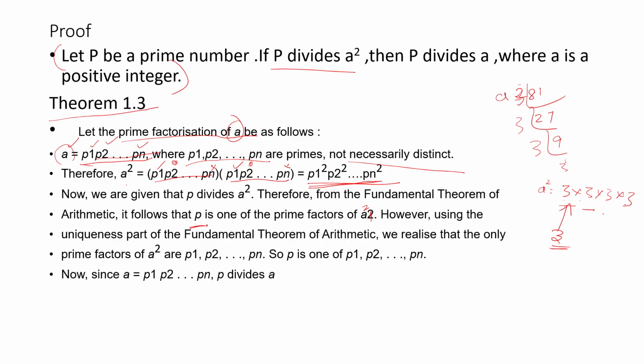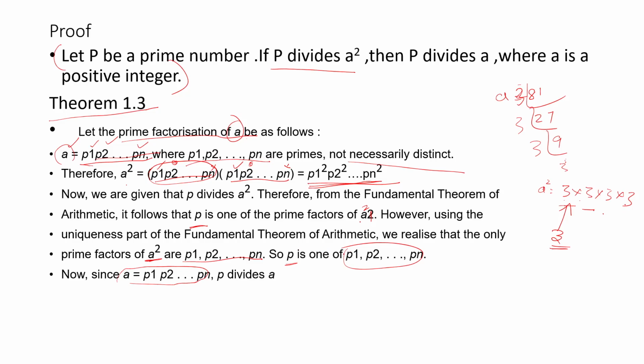So if P is one of the factors of A square, however, using the uniqueness of prime factorization, we realize that the prime factors of A square are P1, P2, P3. This is one of the factors, right? See here, this is one of the factors of A square. So P is one of these. That means P divides this one. So getting or not?